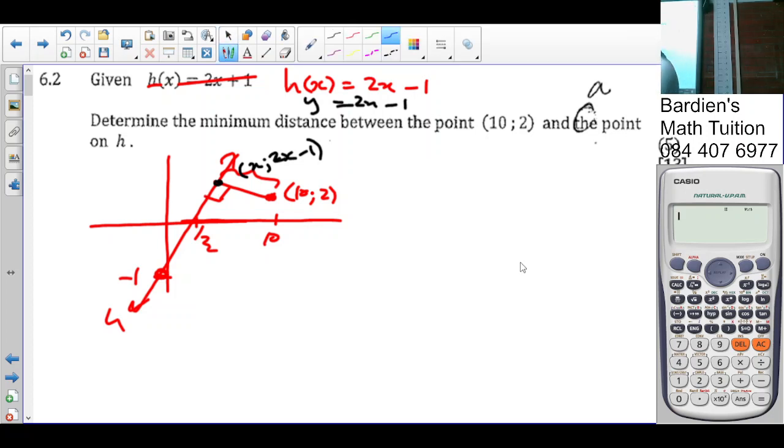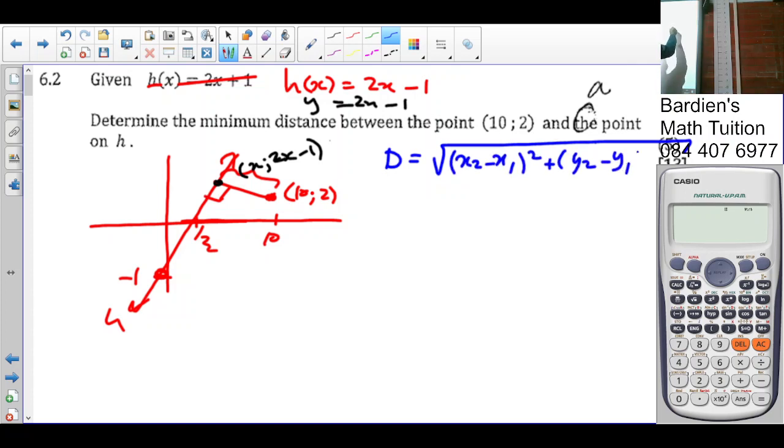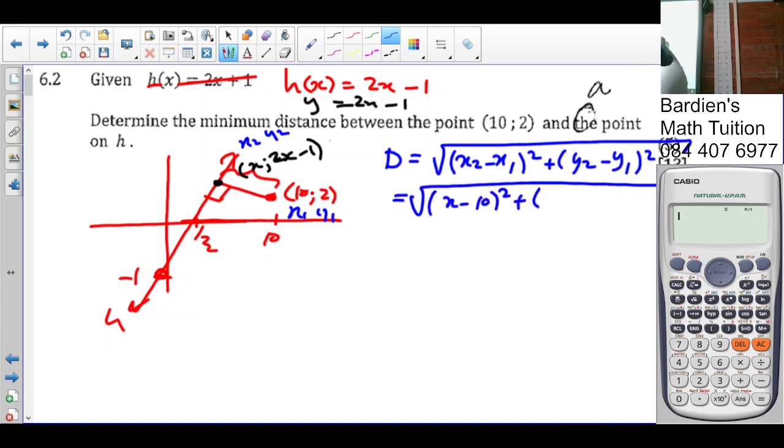We use the distance formula: d is equal to the square root of (x2 minus x1) squared plus (y2 minus y1) squared, where this is x1, y1 and this is x2, y2. So it's going to be the square root of (x minus 10) squared plus (2x minus 1 minus 2) squared.